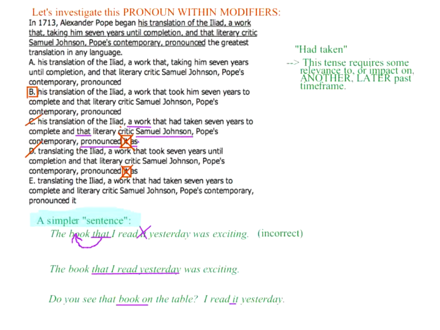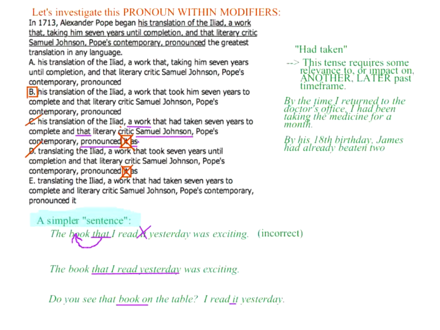As an example of something that would be a past time frame like that, if you said, by the time I returned to the doctor's office, I had been taking the medicine for a month. Or by his 18th birthday, James had already beaten 2 grandmasters at chess.